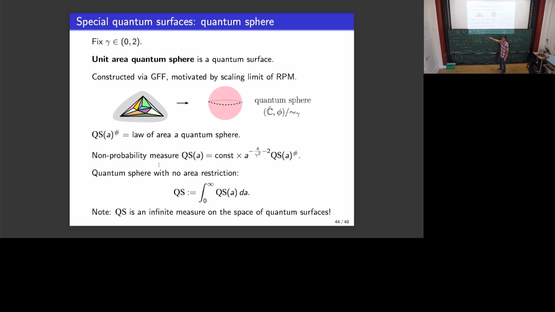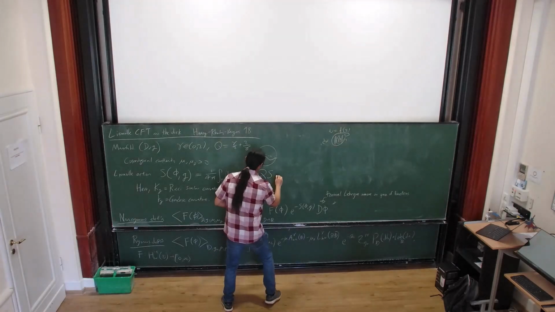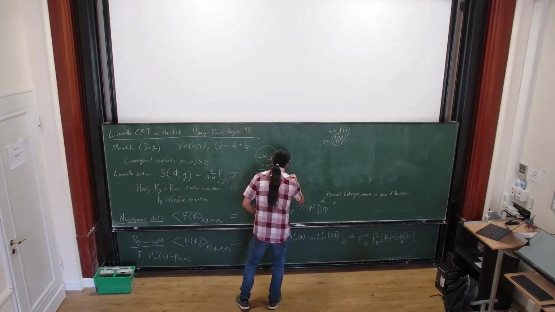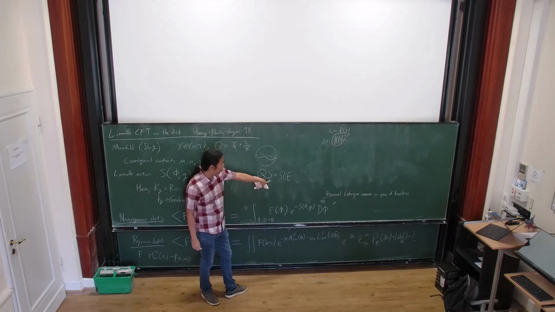On the left-hand side, I'm going to have a surface with a sphere topology together with a loop on top of it. Precisely, it's going to be one of these QS surfaces, quantum spheres, with an SLE loop on top of it. So this is the infinite measure with the power law for the area that we wrote down earlier.